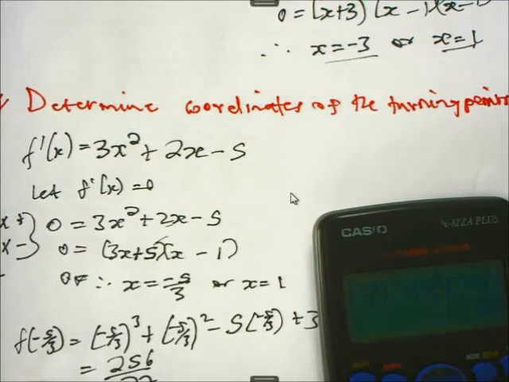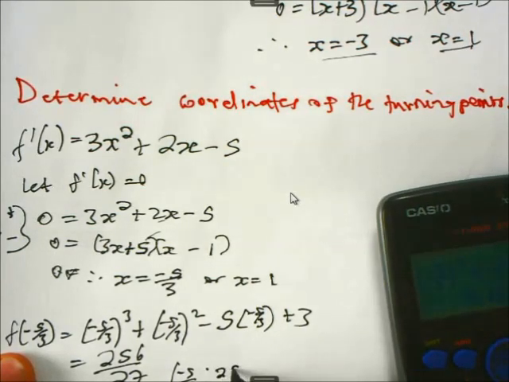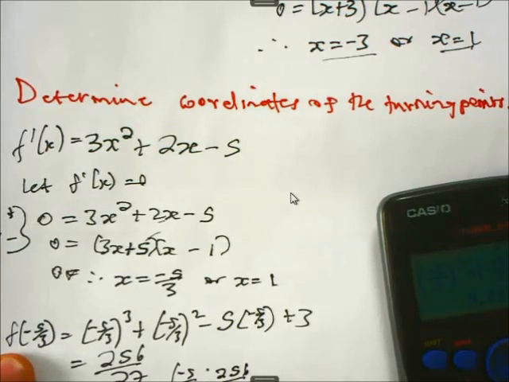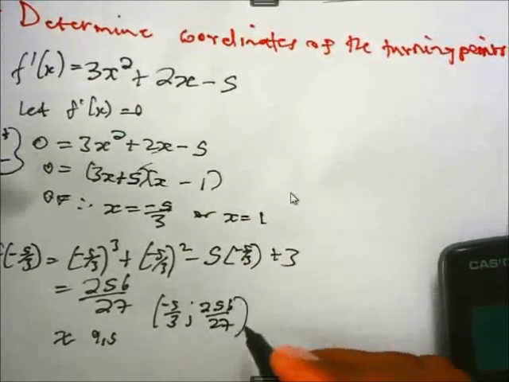Right, when you write this one in decimal form, then we are going to have 9,5. Good. Now in coordinate form, because they said you must determine the coordinates, then x is what? X is minus 5 divided by 3, and then y will be 256 divided by 27. Right. These are the first one.